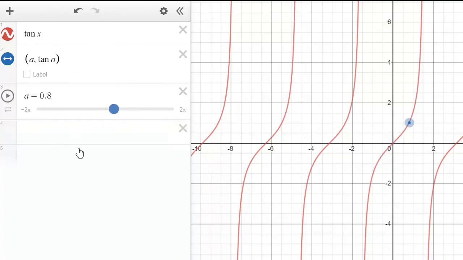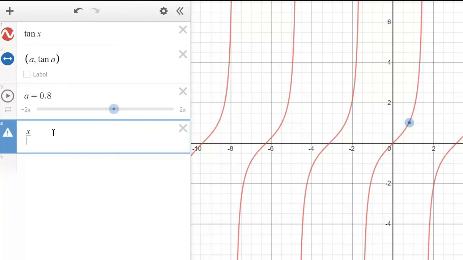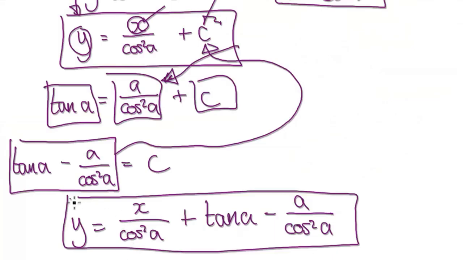So now it's just the equation of the tangent line. So this is the equation of our tangent line: it's x over cos squared a.